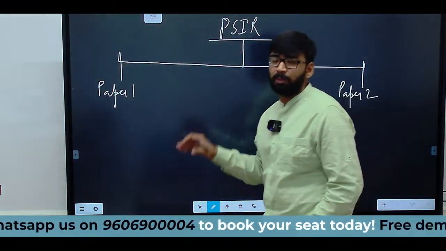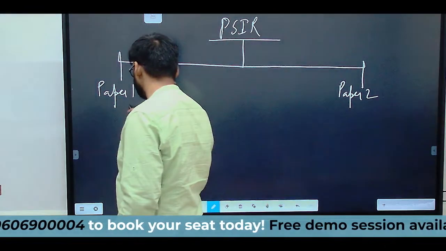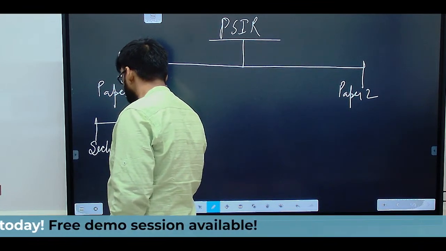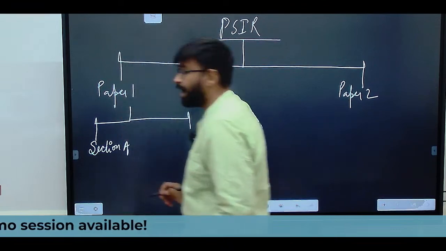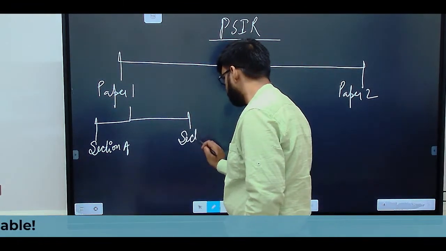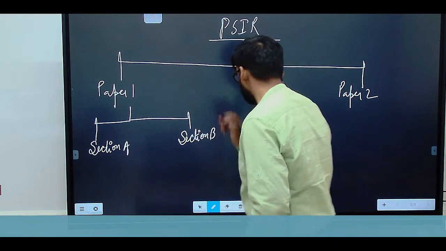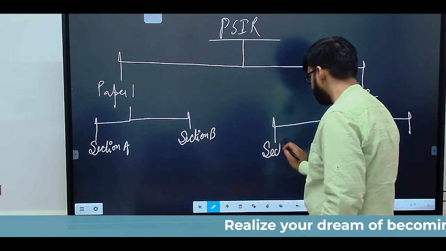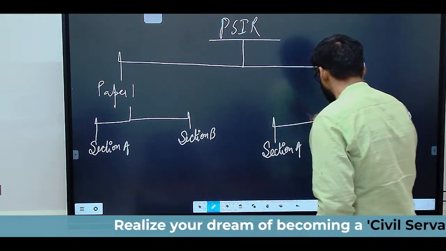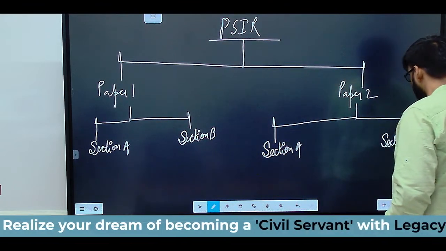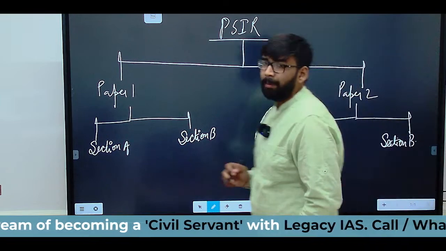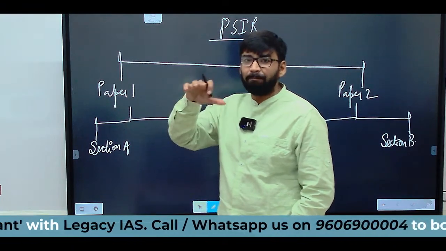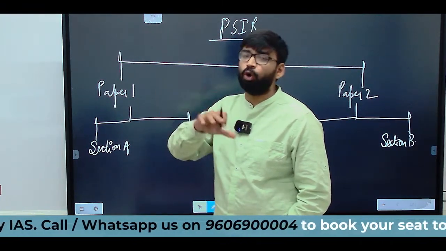Each paper is divided into two sections, section A and section B. Same case with paper 2 also, two sections, section A and section B. Now, paper 1 in PSIR creates a background, a base for other topics.